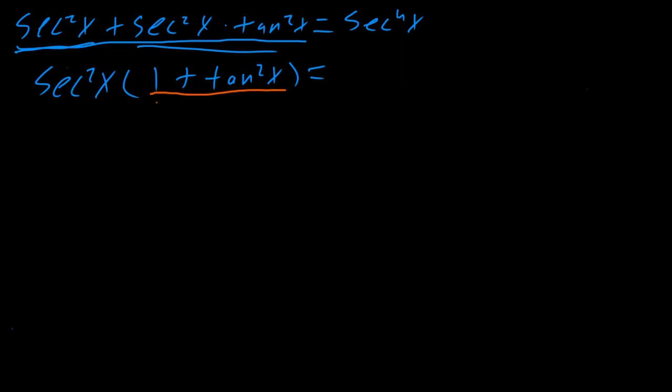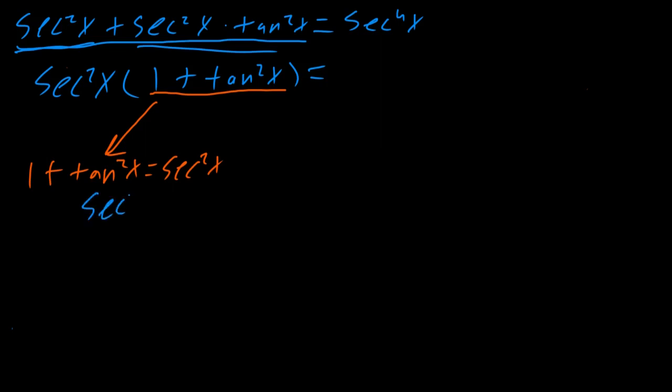This is familiar because this is a Pythagorean identity. Recall that 1 plus tangent squared of x is equal to secant squared of x.